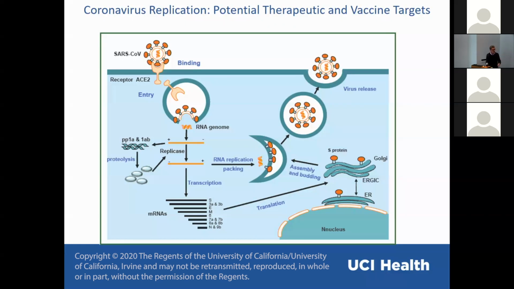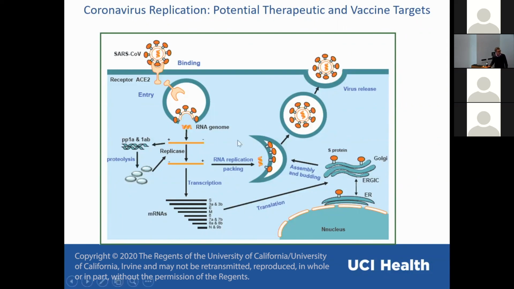So eventually, though, if there is no treatment, you have the virus proteins being made, you have the virus genome being replicated. All these things get packaged together, and yada, yada, yada. You have a new viral particle.